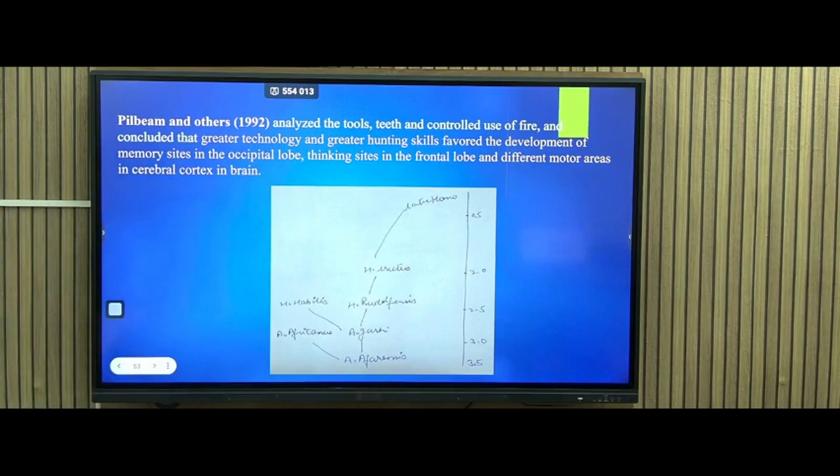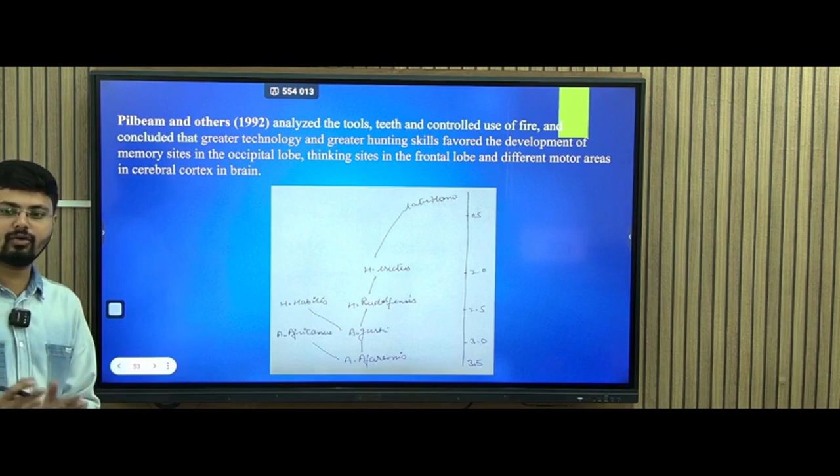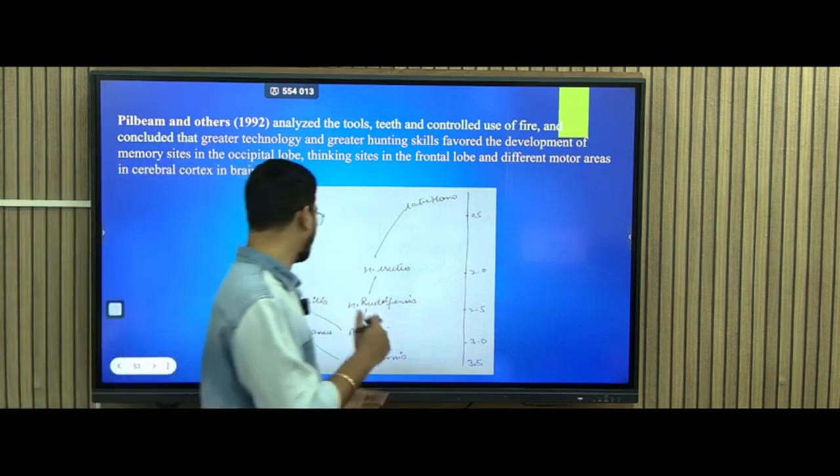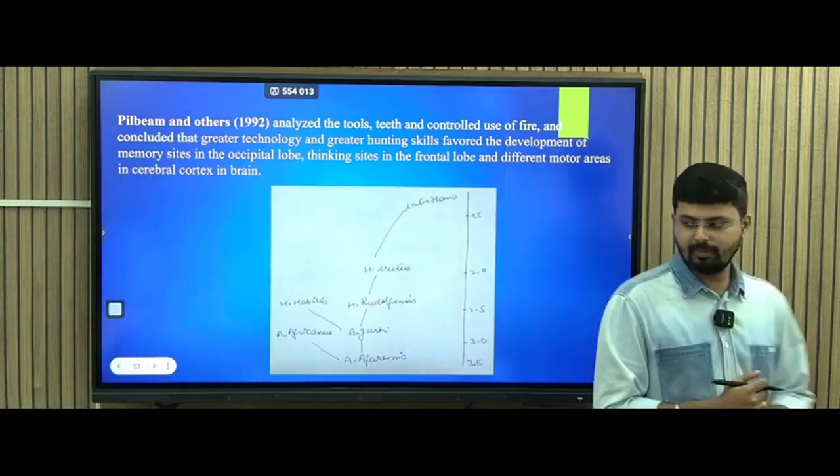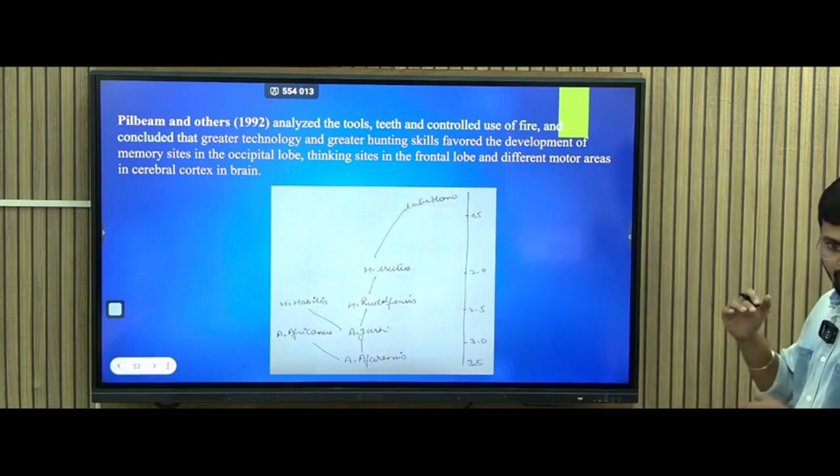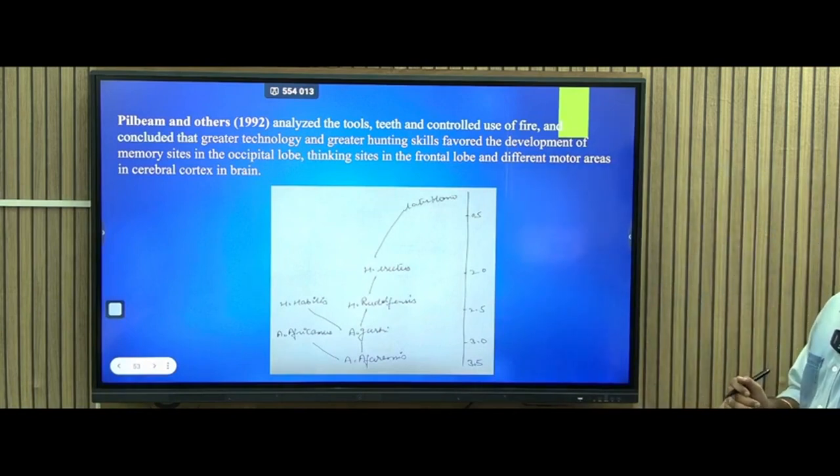Is it clear? The difference between the two phylogenetic positions: one does not believe that Homo erectus evolved into Homo sapiens, the other believes that it did.